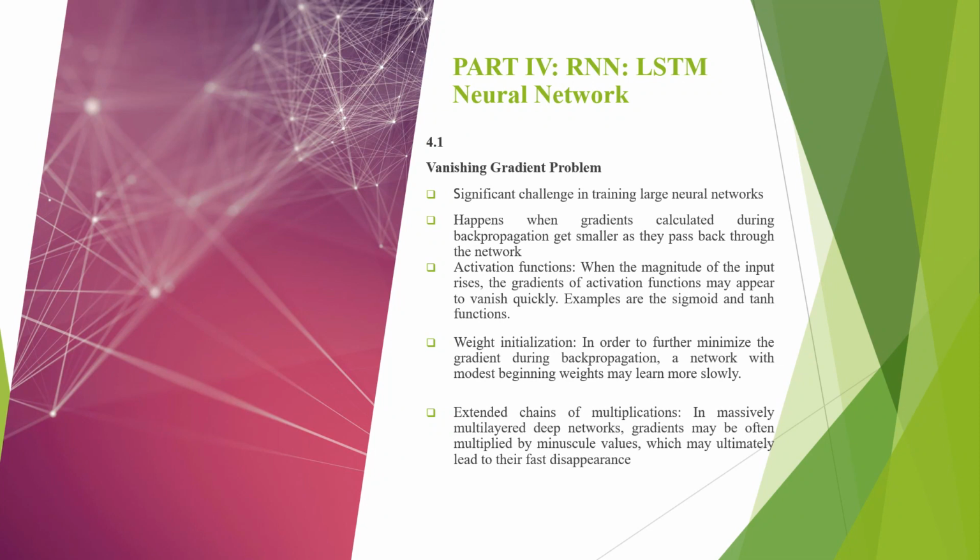In order to further minimize the gradient during backpropagation, a network with modest beginning weights may learn more slowly. Extended chain of multiplications. In massively multi-layered deep networks, gradients may be often multiplied by minuscule values, which may ultimately lead to their fast disappearance.